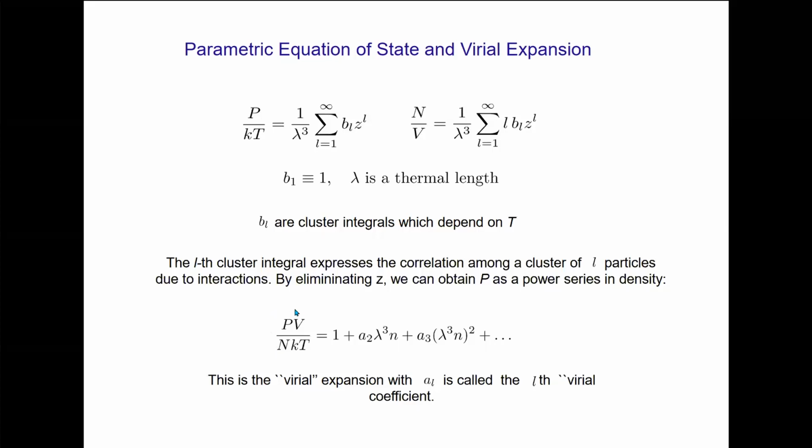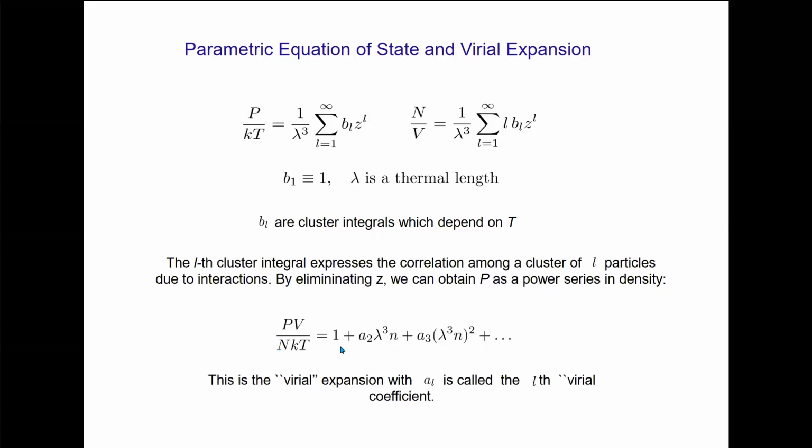For the left-hand side, we can look at the first approximation. This is basically the corrections to the ideal gas law. For low density, when n goes to 0, we see that the leading contribution to PV over NkT is simply 1.